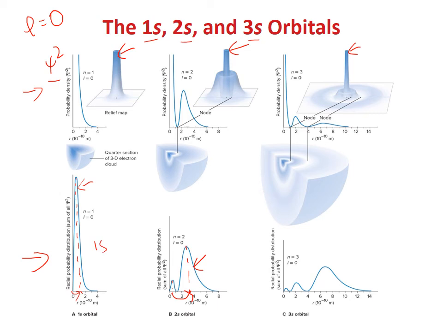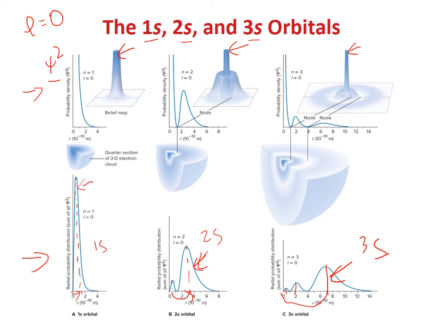That means, on average, the electron in 2s orbital is further away from nucleus than 1s orbital. Similarly, for 3s orbital, we see 3 maximums, and the largest maximum has a distance further away from the nucleus than 2s orbital. So for 3s orbital, the electron is even further away from nucleus than 2s orbital.